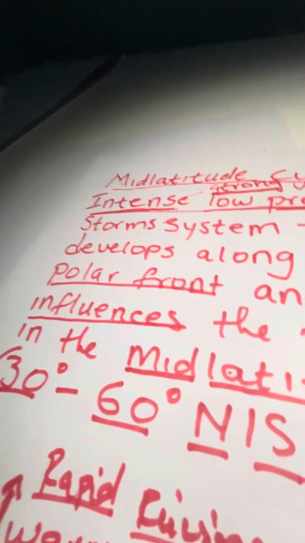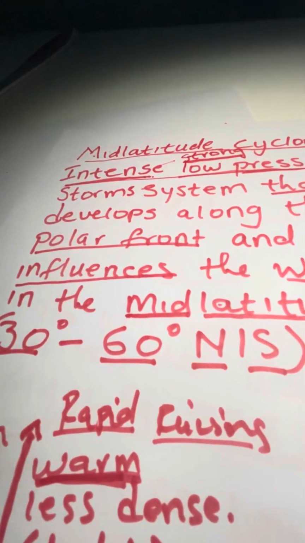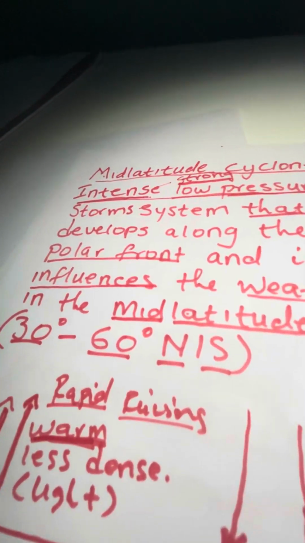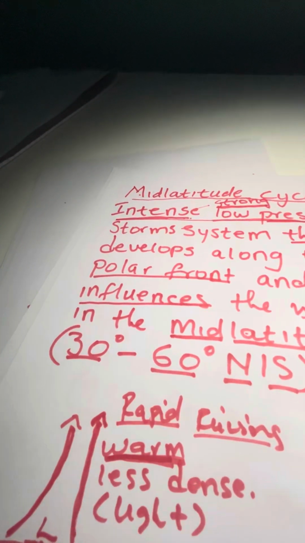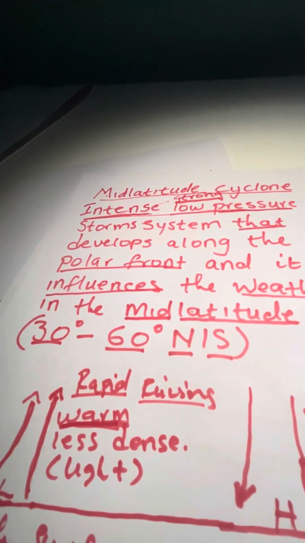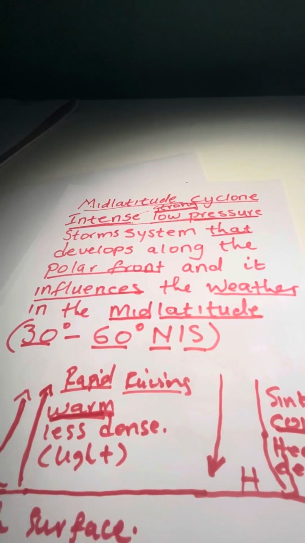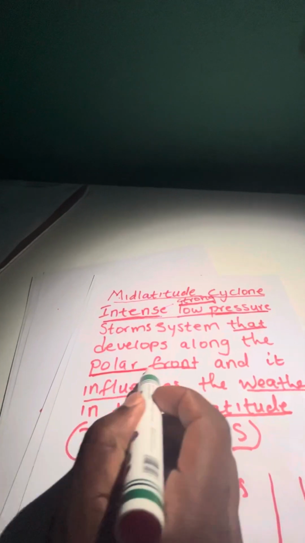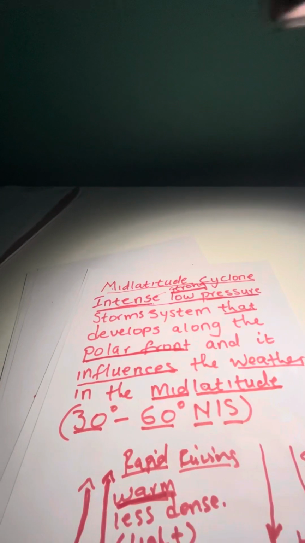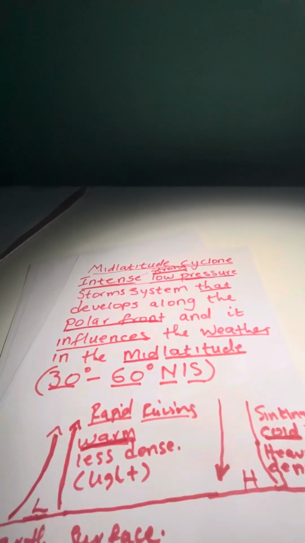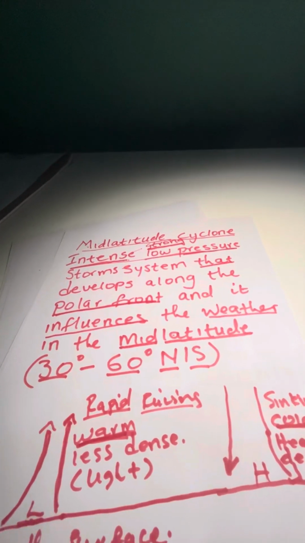Okay, so this system is forming. Where is it forming? This pressure is forming along the polar front. Therefore you have your mid-latitude cyclone.